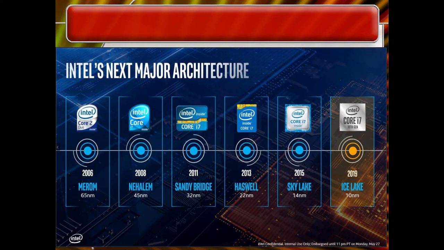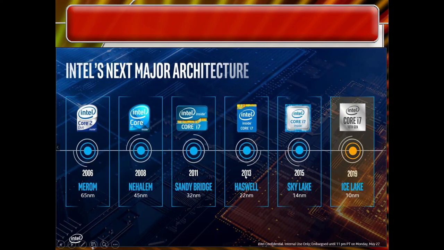So I have borrowed this snap from Intel, and this picture shows the major architecture of CPUs. So Intel Core 2 Duo, the name is written over here, and it was invented in 2006, and the specifications are written below along with the names.